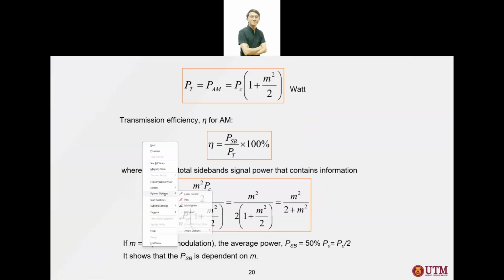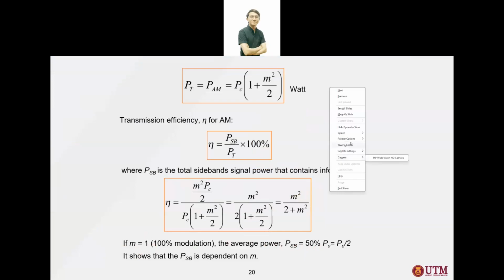If M equals 1, that is 100% modulation, let's say you put here 1 square over 2 plus 1.